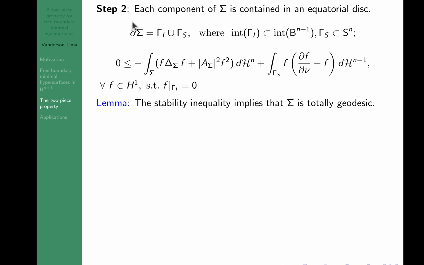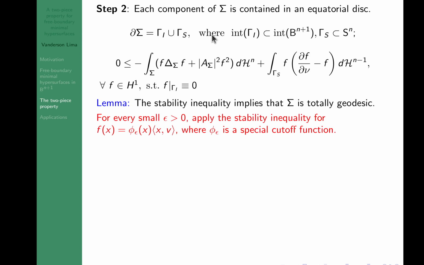So how do I prove that? I want to use this inequality. The idea is to choose some function such that I can get rid of the first term, which has the Laplacian, and the term on the boundary. So these functions, which are of the type f(x) equals x dot product with some fixed vector, I can consider it a unit vector.